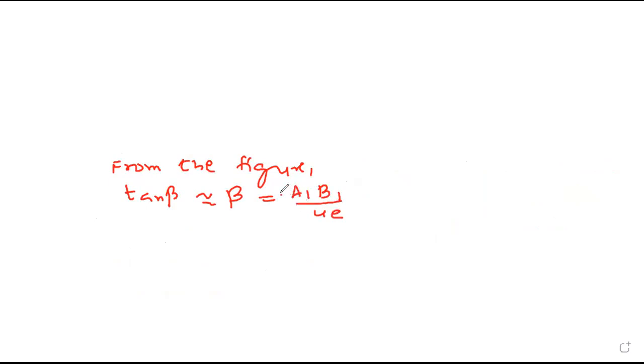A1B1 is downward, therefore minus. UE is on the left, also minus. This will get cancelled. Equals A2B2 upon VE. Again, this is downward and left, negative and negative, which cancel.